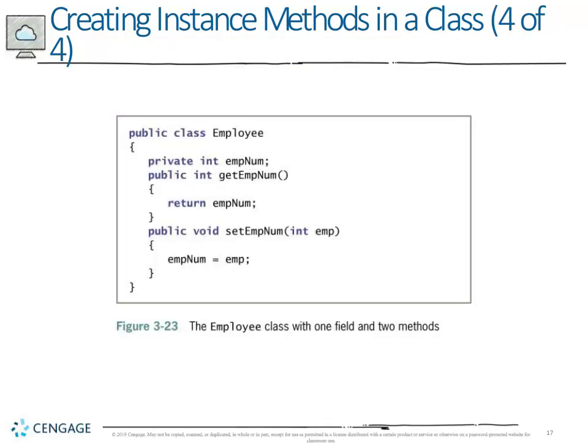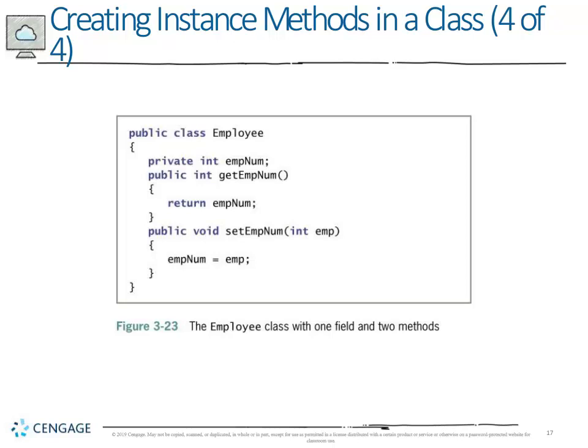It's common to list all data fields first. Names and data types can be seen before reading the methods that use the data fields. In this example, we have a public class Employee. In the class, first we have a private integer employee number. Then we have two public methods. The first one is a get method, which is an accessor method.